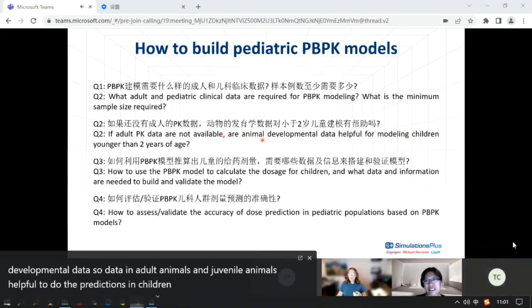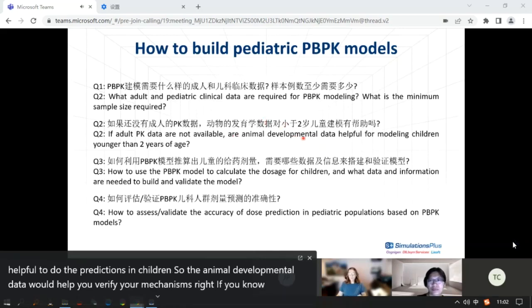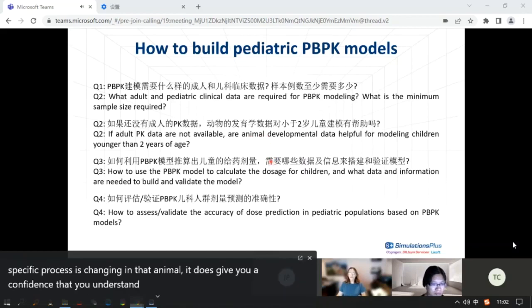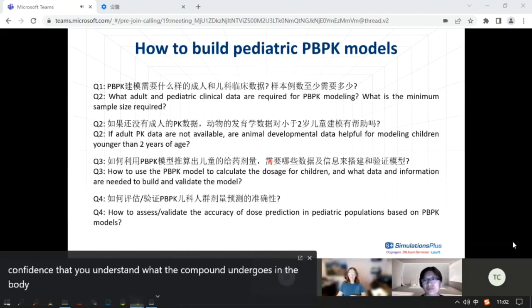So the animal developmental data would help you verify your mechanisms. If you know how the specific process is changing in that animal, it does give you confidence that you understand what the compound undergoes in the body, which process is the critical one, and so on.